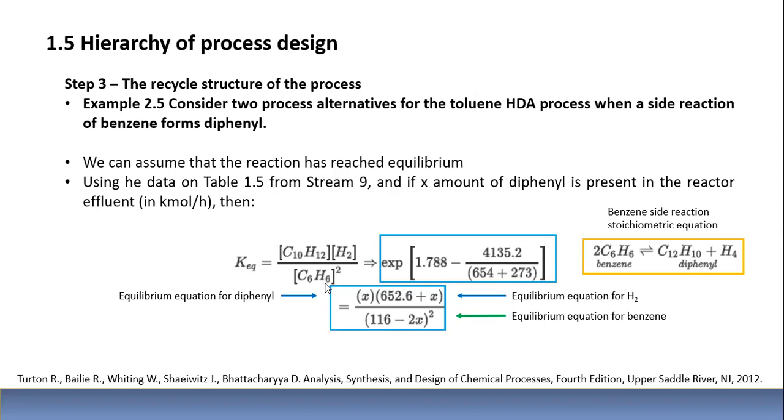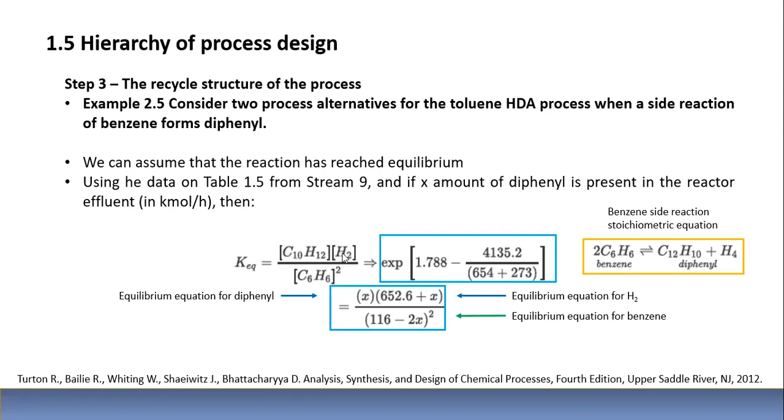We set them equal to each other, and then this is replaced by the number of moles at equilibrium. The number of moles at equilibrium will be, we don't know how much diphenyl is produced, which is x.